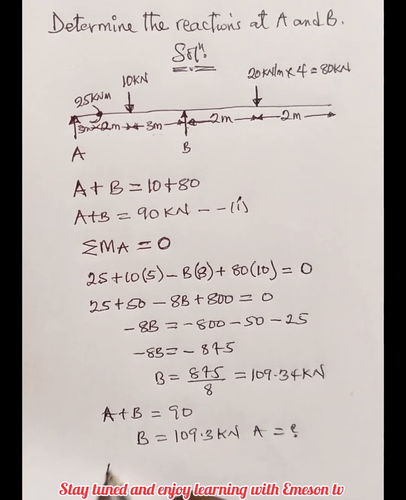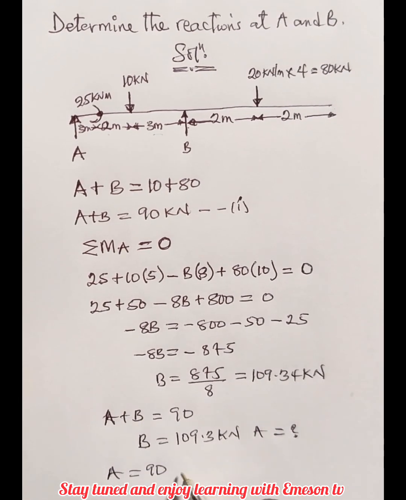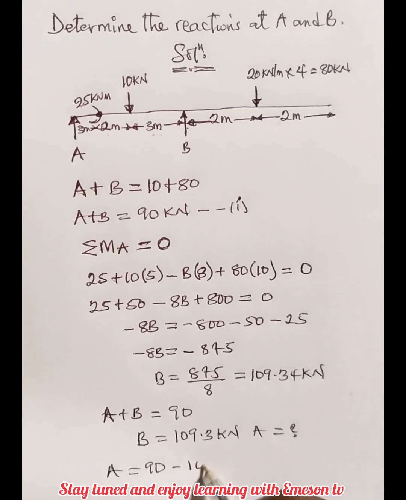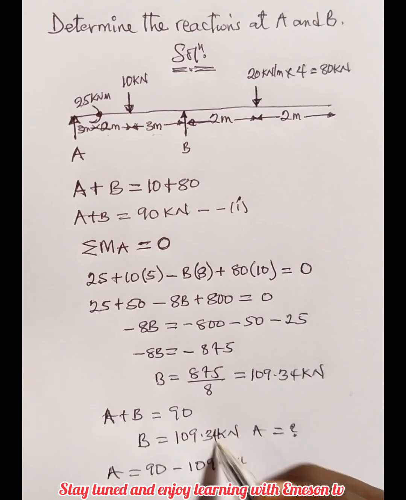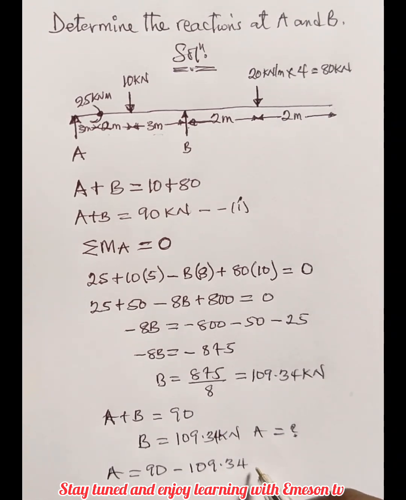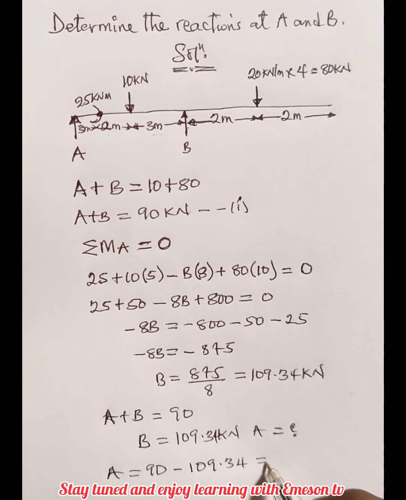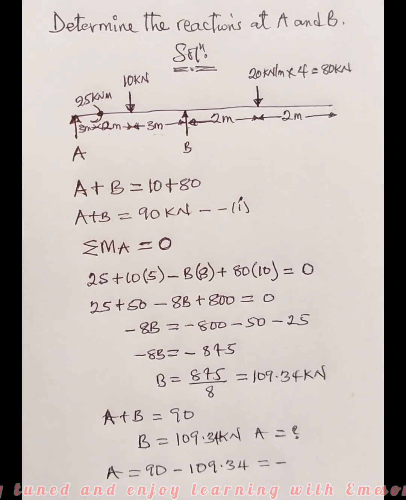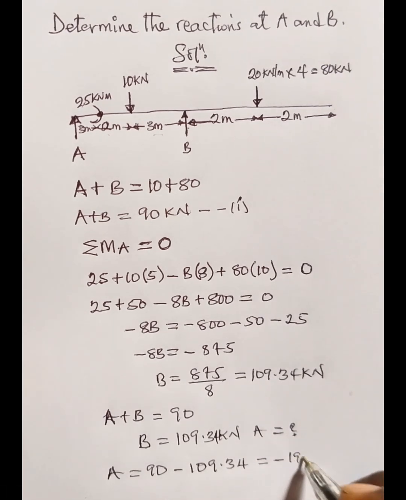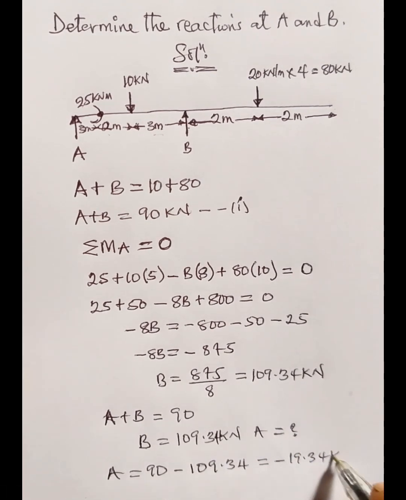A will now become A equals 90, and this B will go over to the other side. The value of B is 109.34 kilonewton. So this will eventually give us a negative value of 19.34 kilonewton.